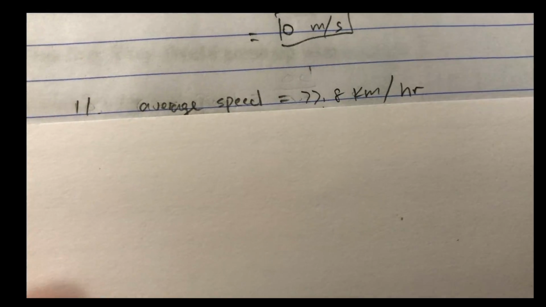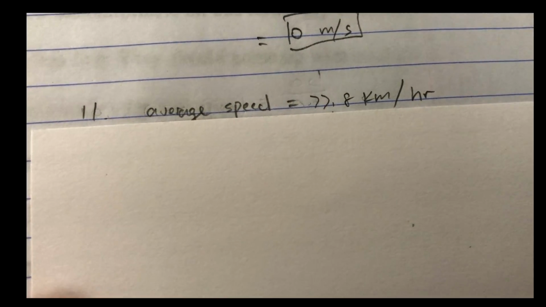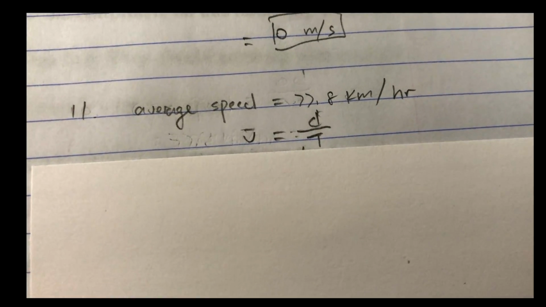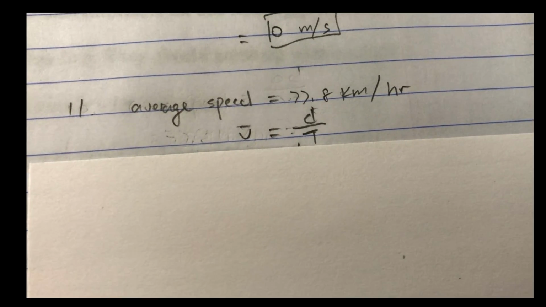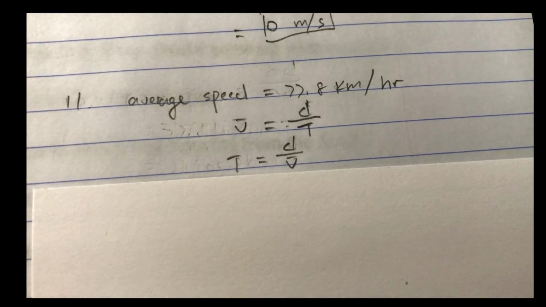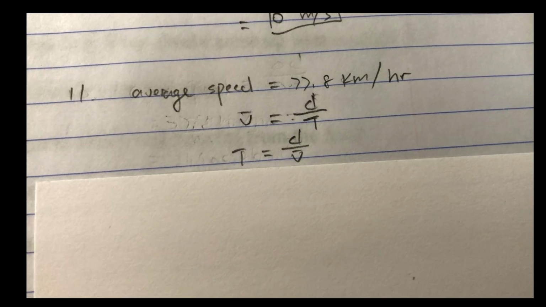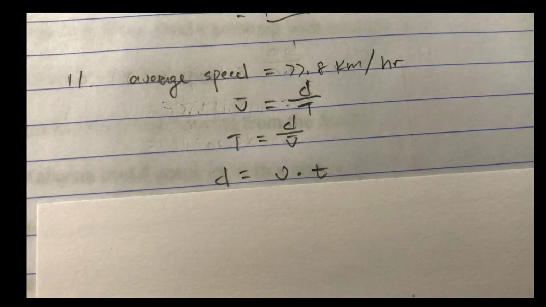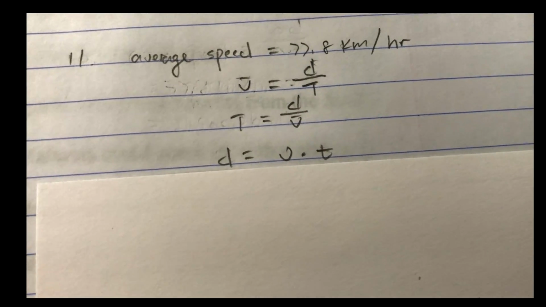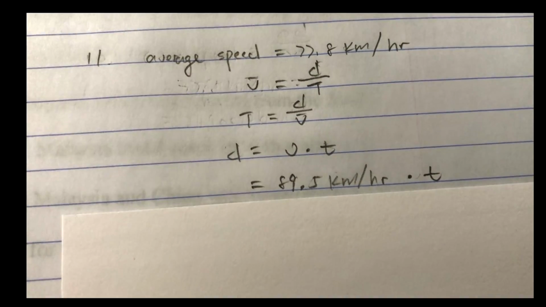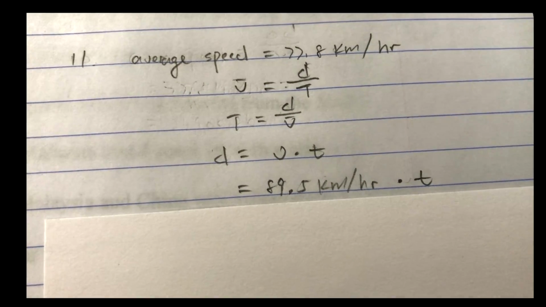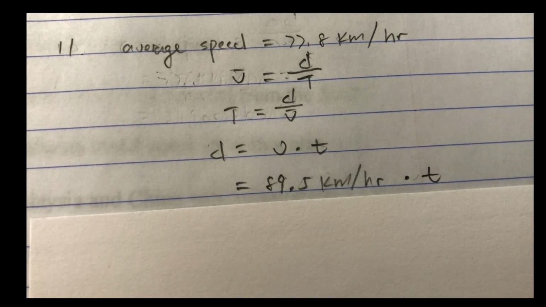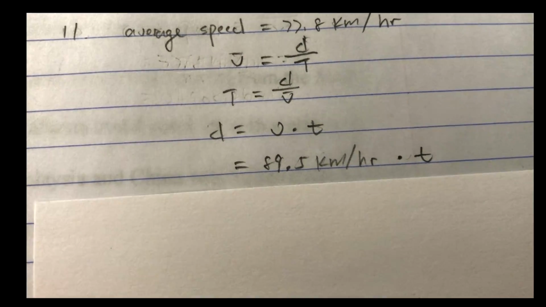This person travels at an average speed of 77.8 kilometers per hour, and that's the velocity, which is distance over time. So the total time is distance over velocity, and distance equals velocity times time, which is 89.5 kilometers per hour times time.